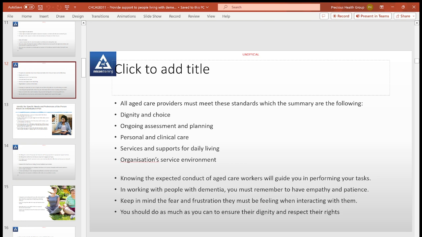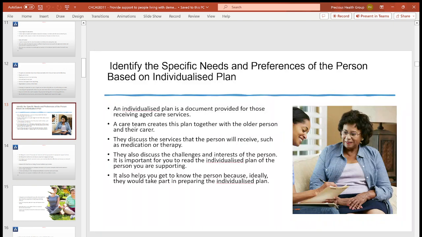So you need to be patient with them. You need to show that level of empathy. You need to give them their dignity and respect their rights with regards to whatever services you're providing. An individual plan: identify specific needs and preferences of the person based on their individual plan. As I said earlier, because someone is declining doesn't mean they don't have preference.